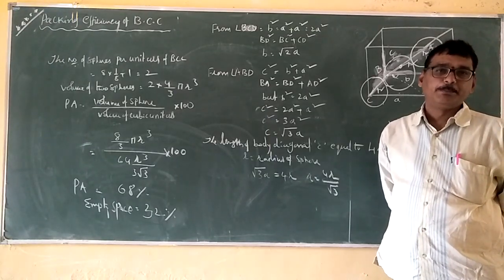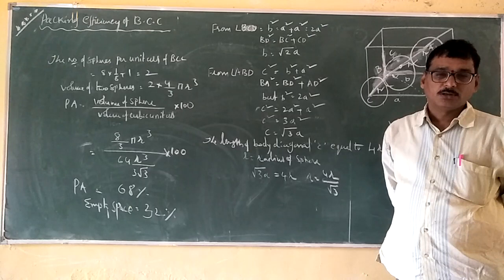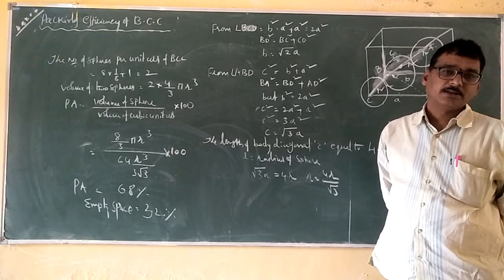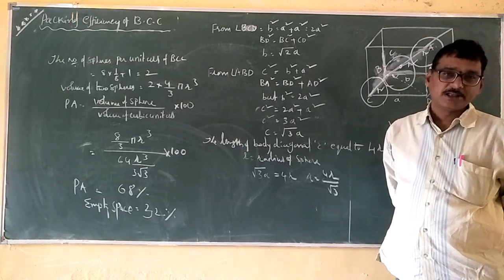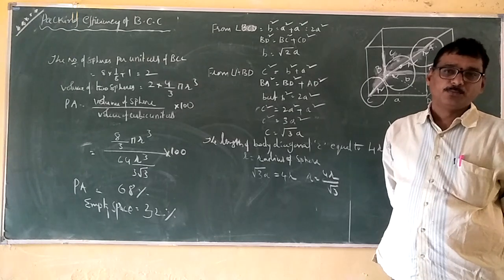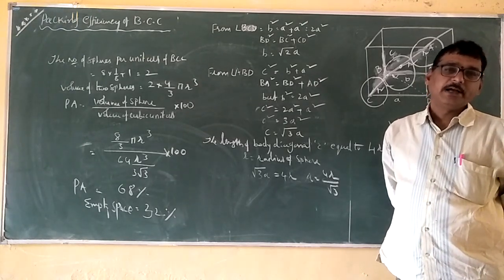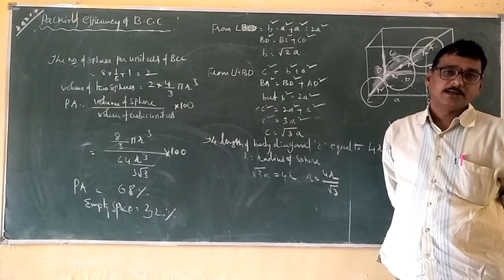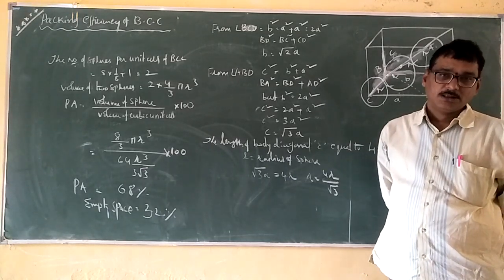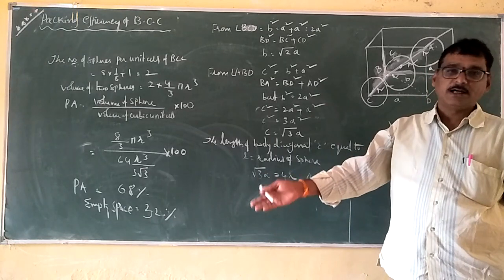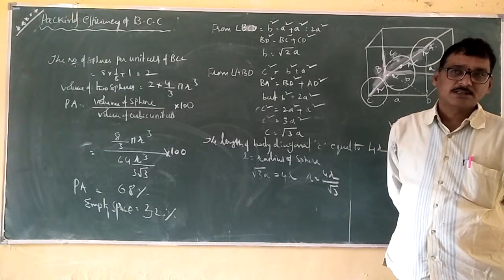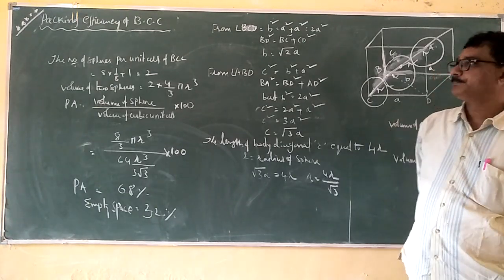After that, the remaining space is empty space. 100 minus 52.4, that remaining percentage is the empty space of simple cubic. That is what we explained last class, the packing efficiency of simple cubic.